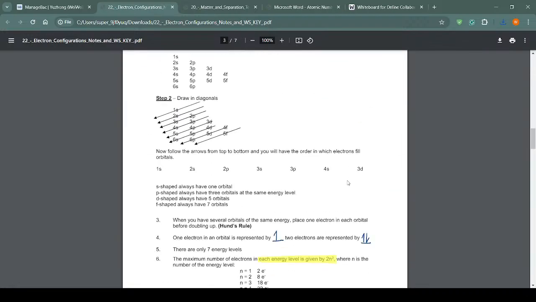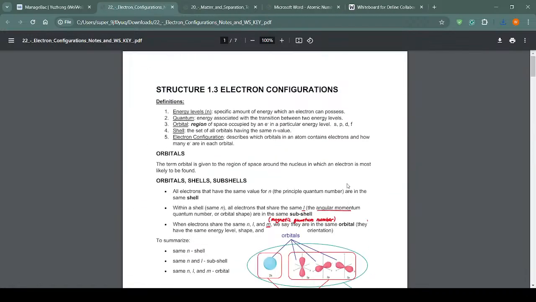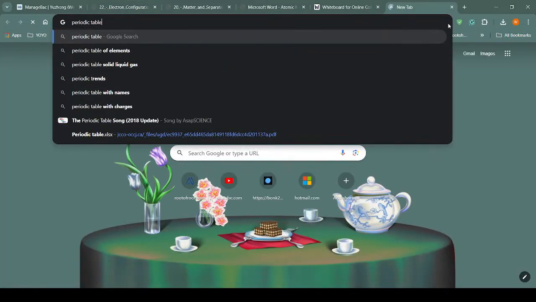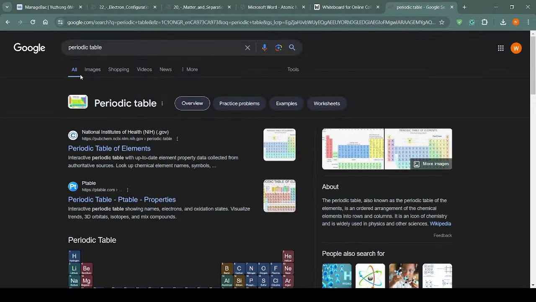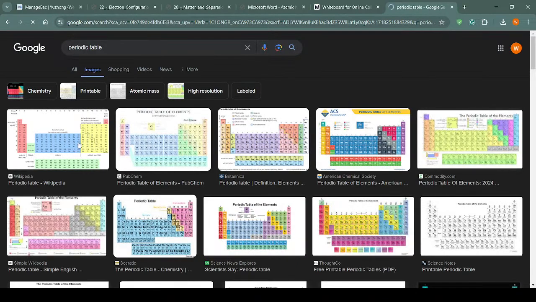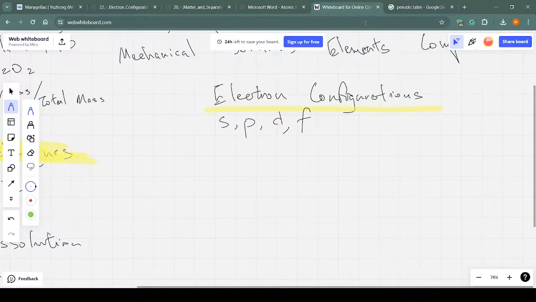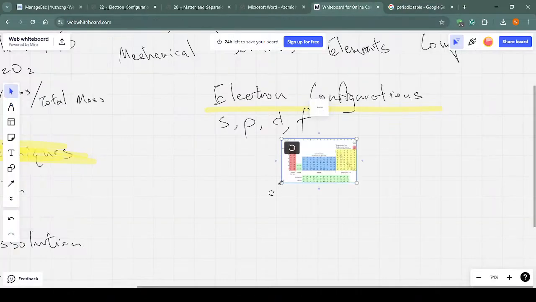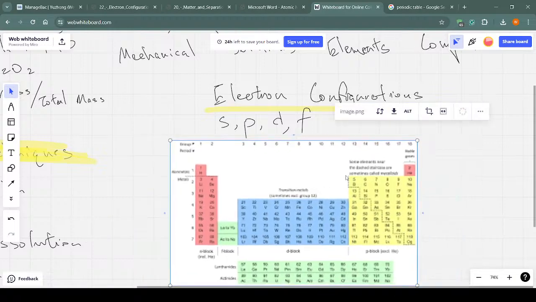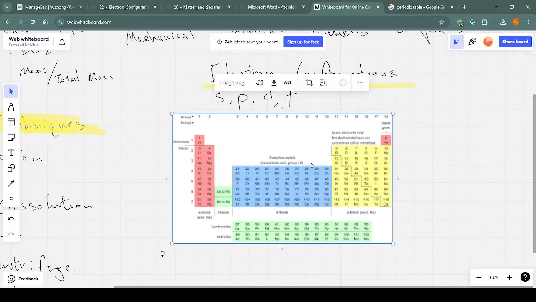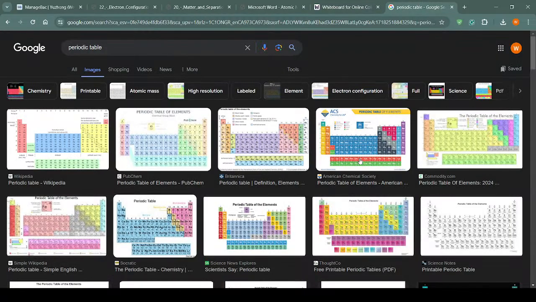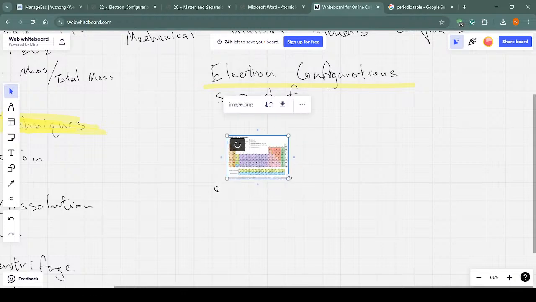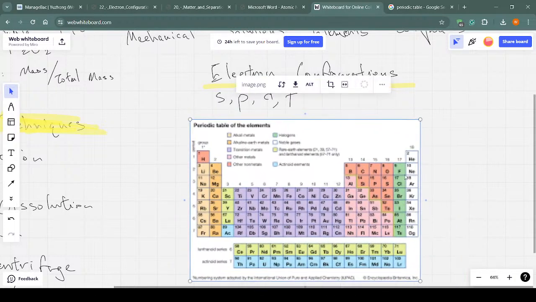On the periodic table, should probably just get a periodic table. You can't see it at all. I can't see it.